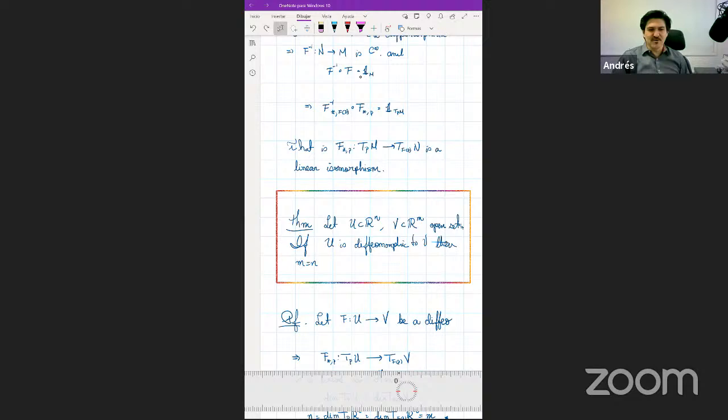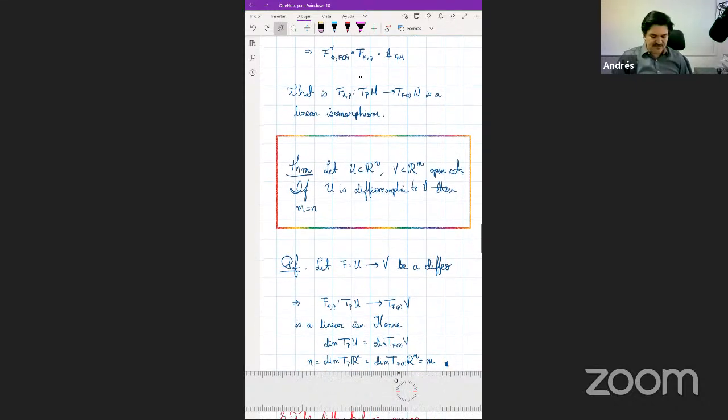But you know from linear algebra that the dimension is the only invariant of a vector space. So these two have the same dimension, because you have a linear map between those two vector spaces. They are isomorphic, they must have the same dimension. So that's a very nice proof of this result.